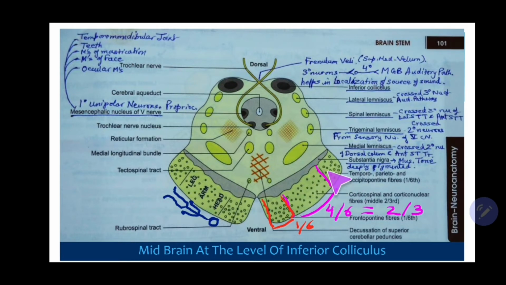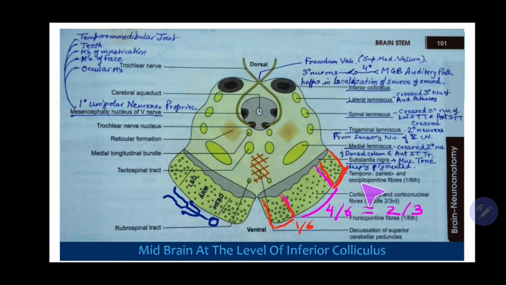while in the lateral 1/6 portion, the fibers that are reaching the pontine nucleus from the rest of the lobes of the cerebrum, that includes the parietal lobe, temporal lobe, occipital lobe.